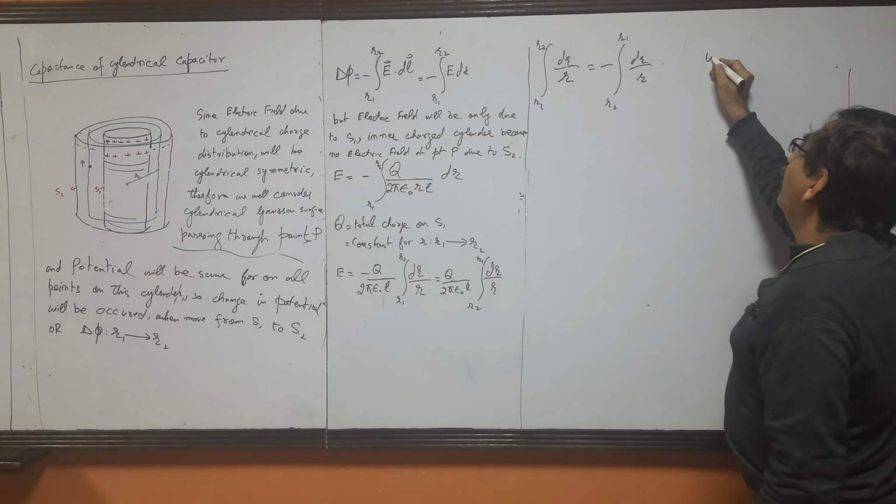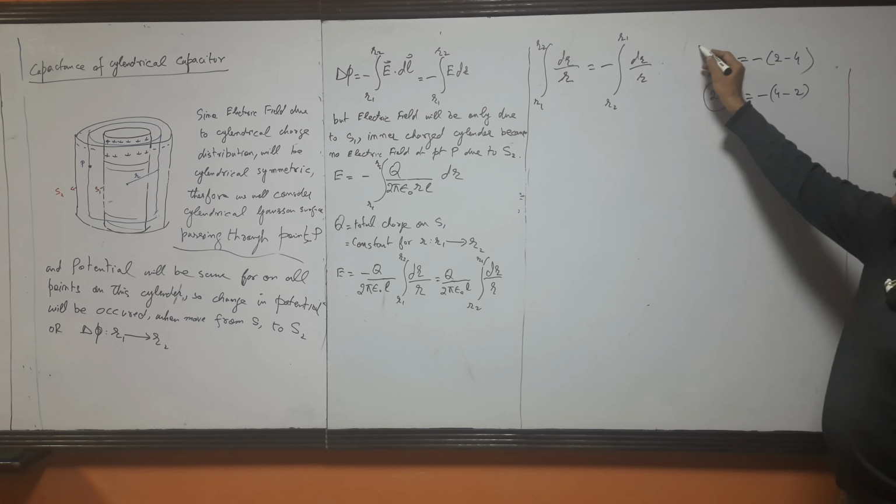Excuse me, 4 minus 2 is not equal to 2 minus 4. If you say this is 2 minus 4, then it will be the negative of 4 minus 2. That depends upon the answer. Now, got it?